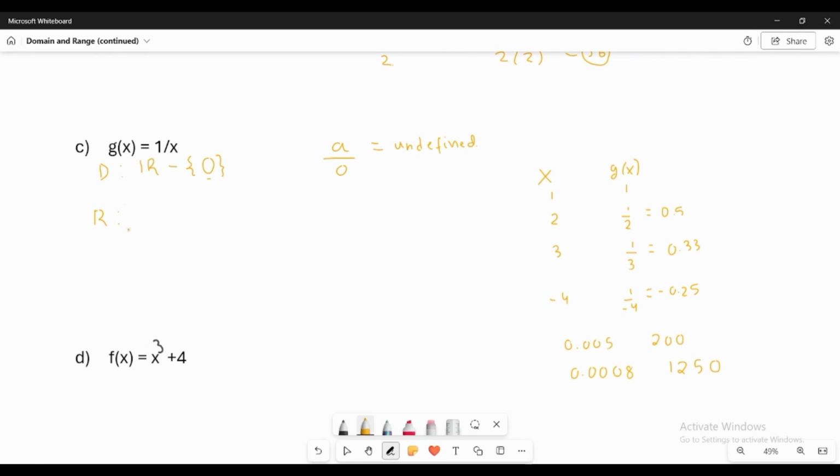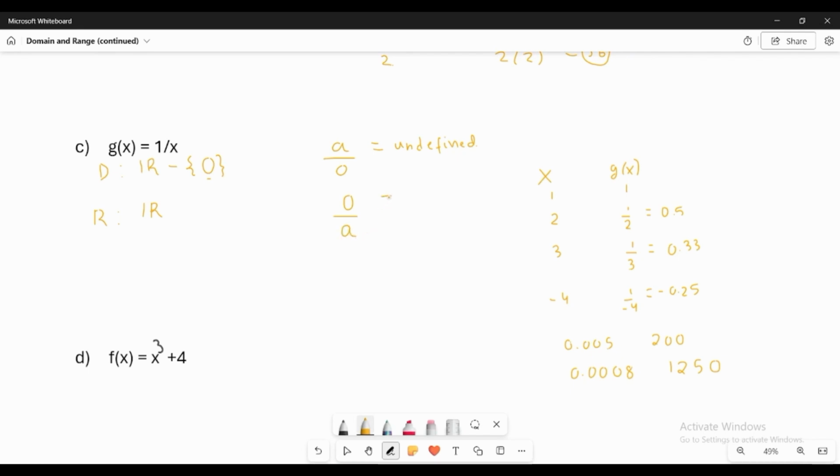So here we can see we are getting all real number values for y, for g of x. That means here your range is going to be the set of all the real numbers, but there would be an exception here. You can see here that we can never get 0 as the answer. Because to get 0 as the answer, we should have 0 divided by any number.